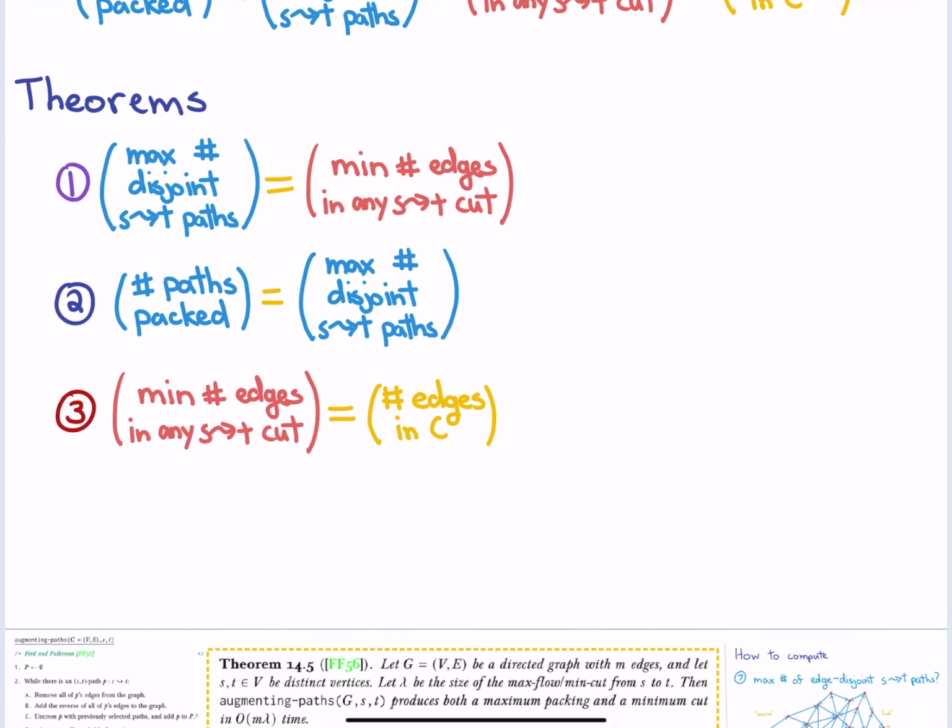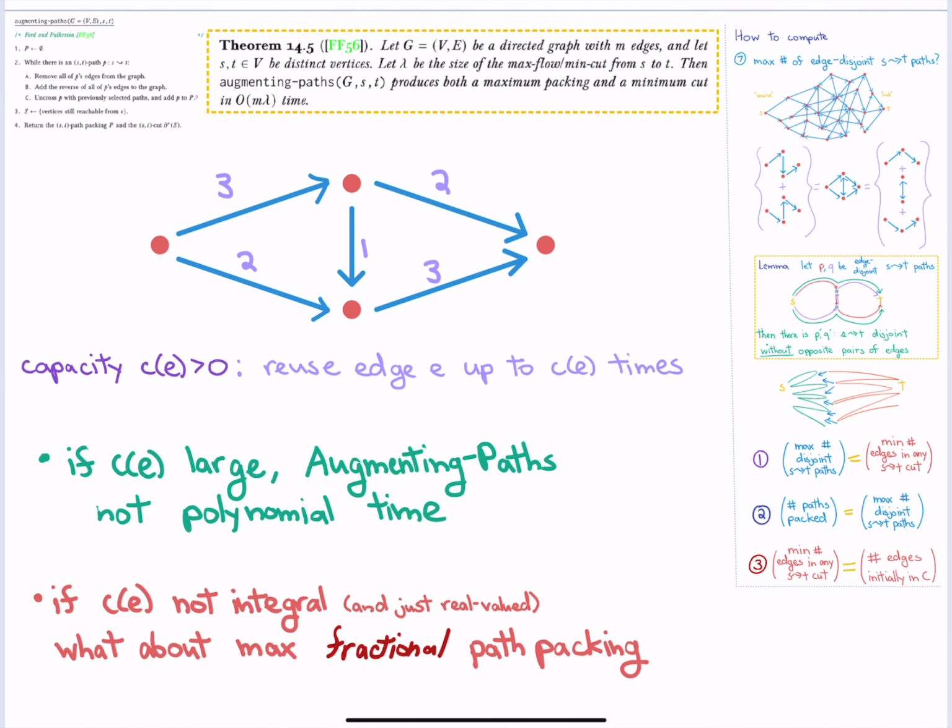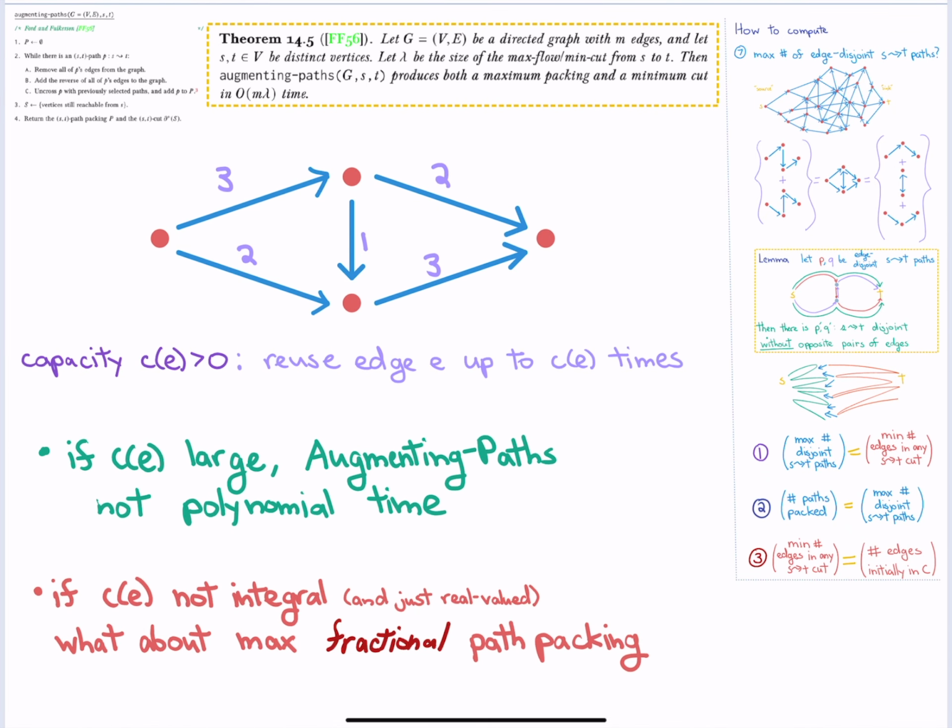Okay, so at the end of the class, I talked a little bit about what we're going to do today. The big high-level thing is, can we extend the problem from unweighted graphs to capacitated graphs? This is a little bit misleading because I gave relatively small numbers.